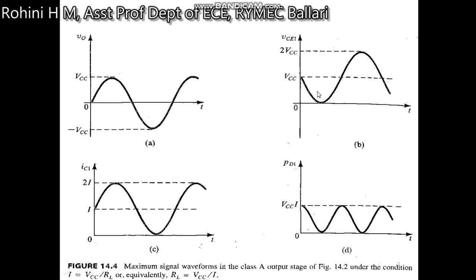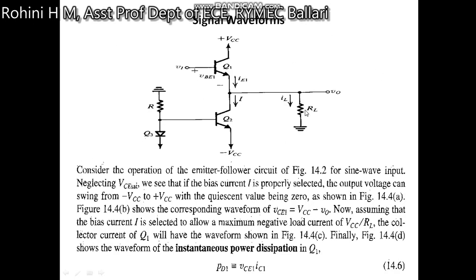Here in this diagram the signal is oscillating, again the same, and here the shift is there. The corresponding waveform VCE1 is equal to VCC minus V1.